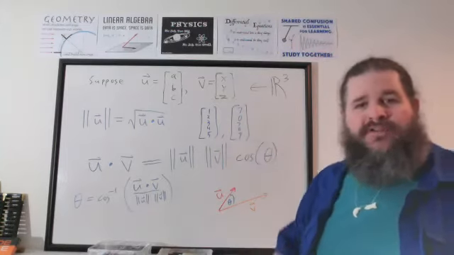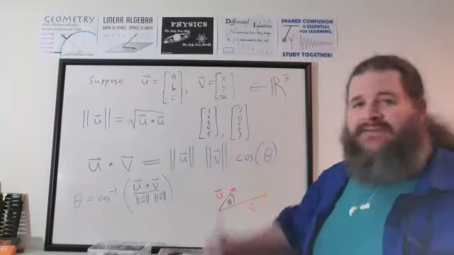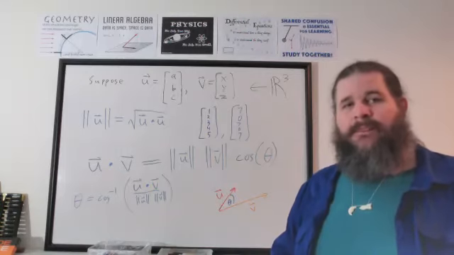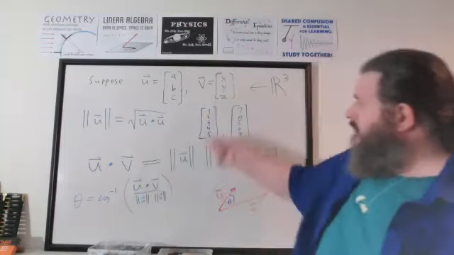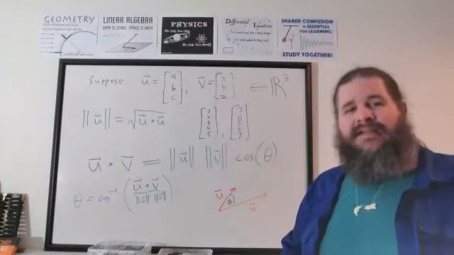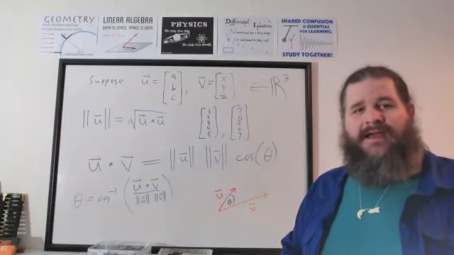There's no way you can draw these vectors in a 3-dimensional universe. We live in a 3-dimensional universe. These are 5-dimensional vectors, so we can't really draw them out and measure the angle with a protractor. But you can use this formula, inverse cosine of u dot v divided by magnitude u times magnitude v, to calculate what the angle between them is, even if you can't visualize what they look like.